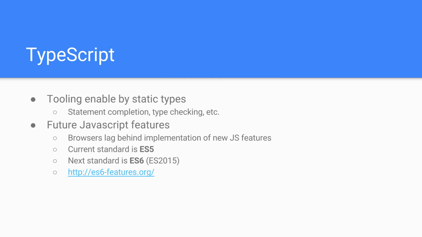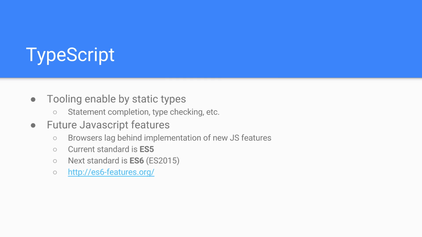And then the other half of TypeScript is implementing future JavaScript language features. Currently the next spec is called ES6 or ES 2015. It adds a lot of really great things to the language like classes and Lambda functions, all sorts of useful tools. But the current web browsers do not support 100% of that spec.